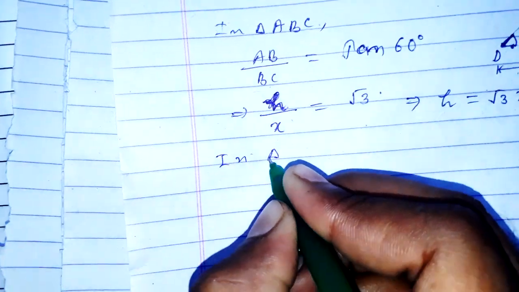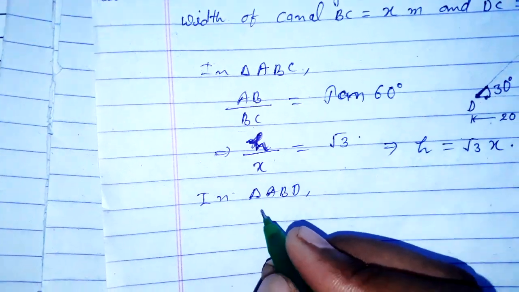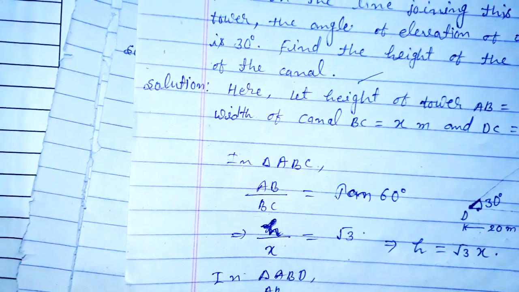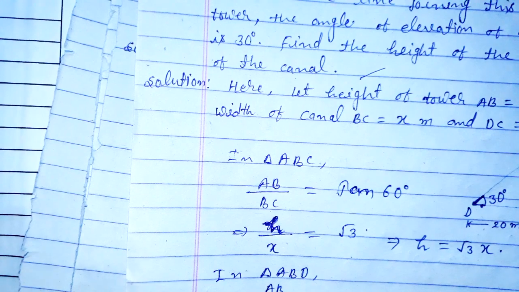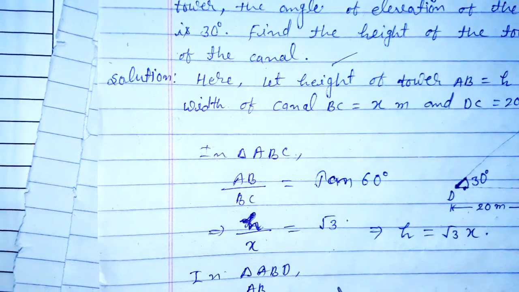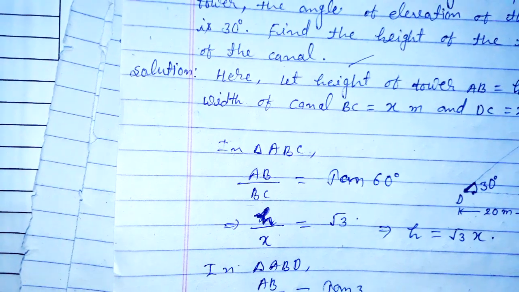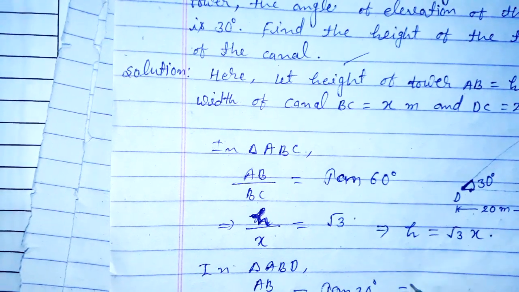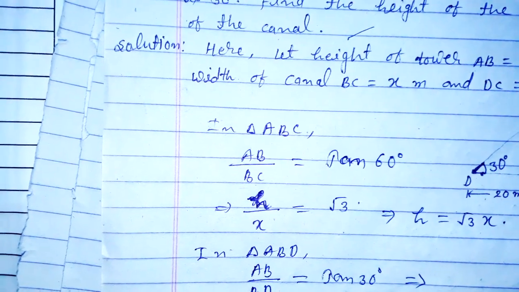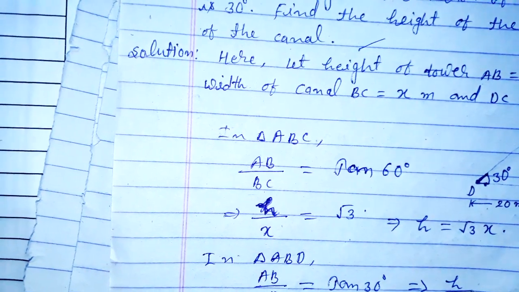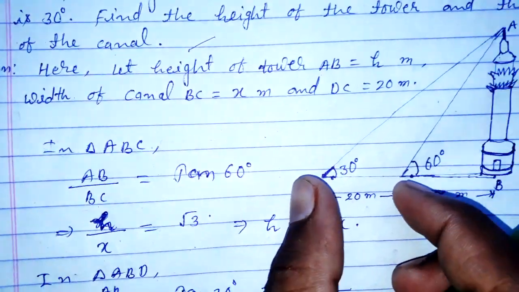Now again take the triangle ABD. Take the ratio AB upon BD, which is tan 30 degree. AB is h, and BD is 20 plus x. This is 20 and this is x.